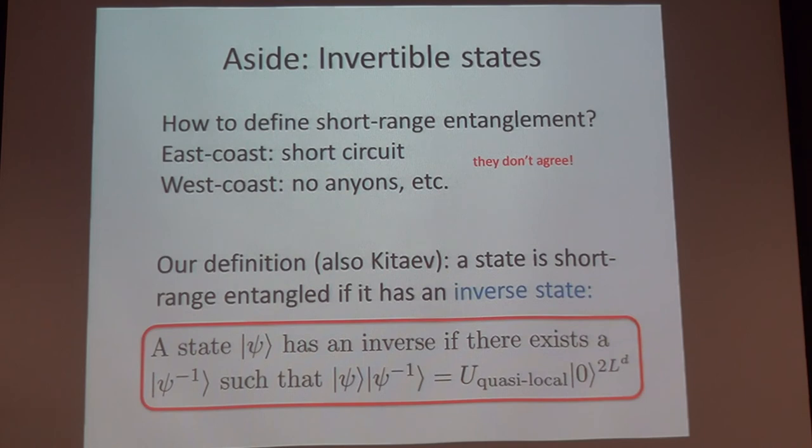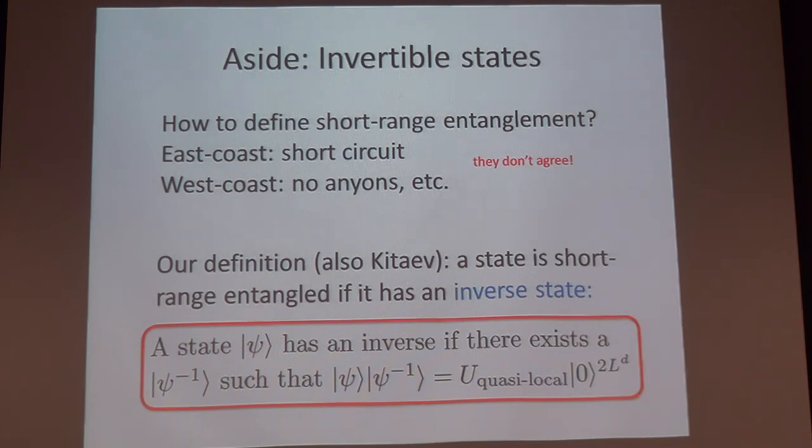A minor wrinkle is that they don't quite agree. There are states that one says are short-range entangled and the other says are long-range, the example being integer quantum Hall. Our definition, which we thought of independently for various reasons, but then realized that Kitaev and others had something similar, although it's not published, is that we say a state is short-range entangled if it has what we call an inverse state.